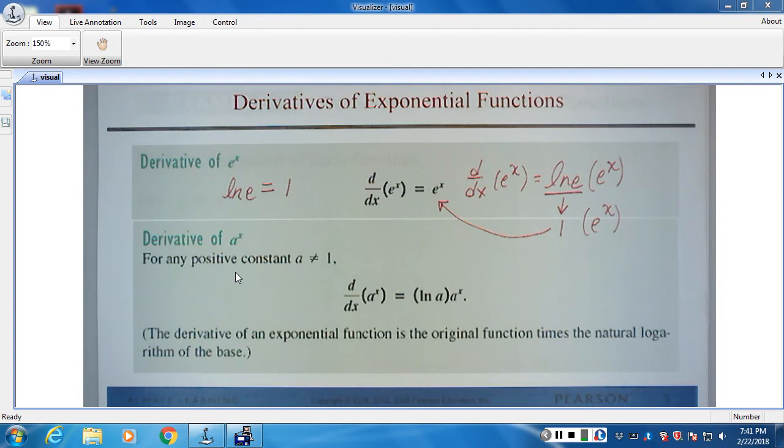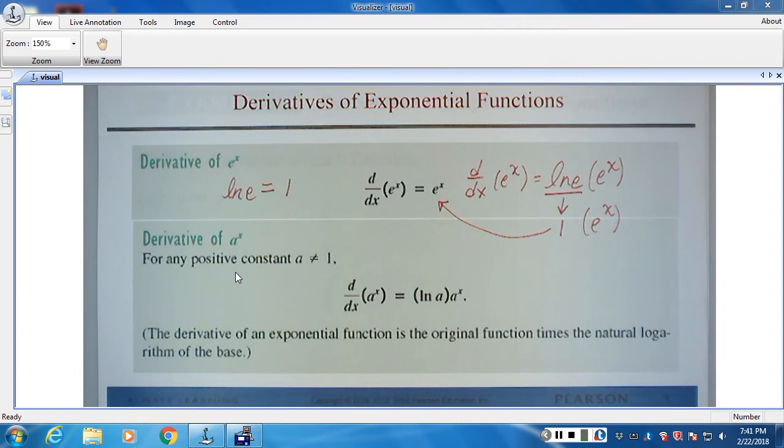Now, that is not to say that it always is quite that straightforward. Since the variable is in the power, it is entirely possible that that power may be an expression of x, like 2x squared plus 3, which then is going to turn that whole problem into a chain rule problem. But remember, all you do when you have chain rule is, at the end, whatever the inside function was, you tack its derivative on to the end of the problem. So we're going to do some examples where that happens.